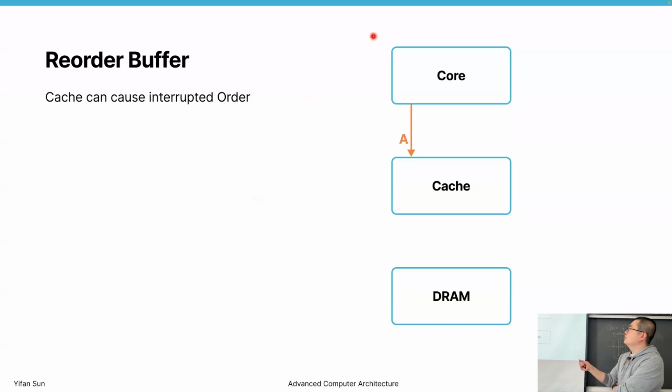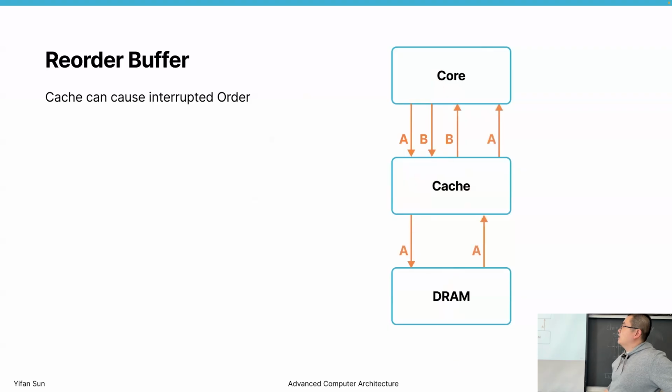Okay, so we have a core, the CPU core or GPU core. We send a request A to the cache, and if it's a cache miss, then we forward this A to DRAM. Right? Before it returns, the core may send a request B to the cache.